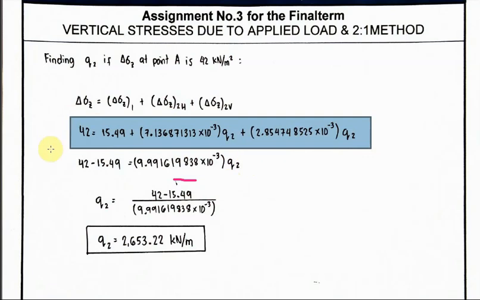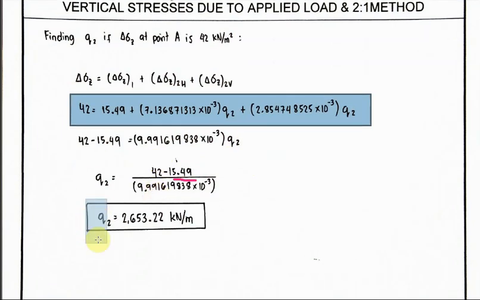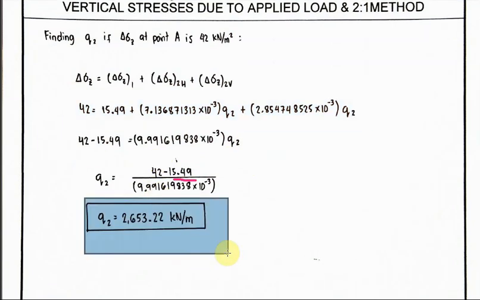Solving, we arrive at the answer 2,653.22 kilonewton per meter. That is the value of our Q2.